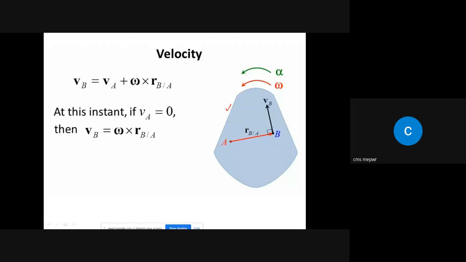The rigid body translates as well as rotates, and if a rigid body is rotating, it can have angular velocity and also angular acceleration. So it is given by omega and alpha, and the directions are also shown. Let's say we have 2 points, let point A be fixed and point B can rotate or move.